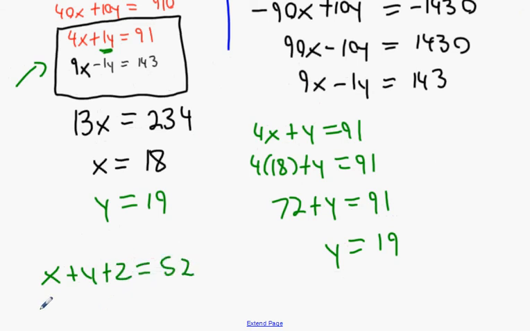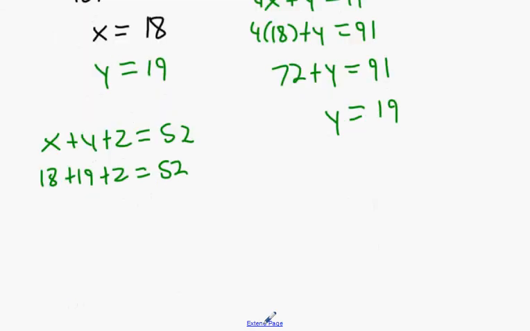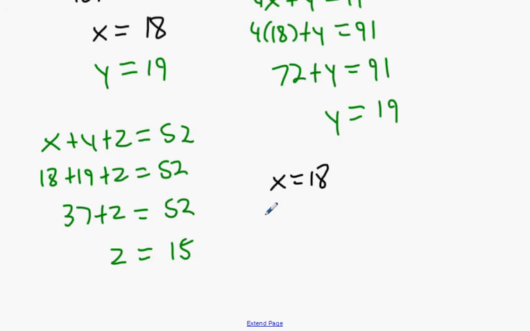This means that 18 plus 19 plus z equals 52. 37 plus z equals 52. Z equals 15. X is 18, Z is 15, and y is 19.